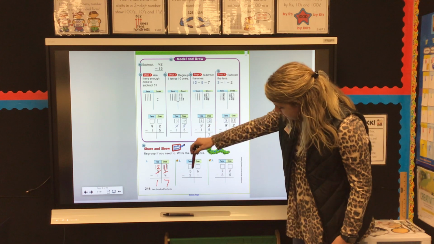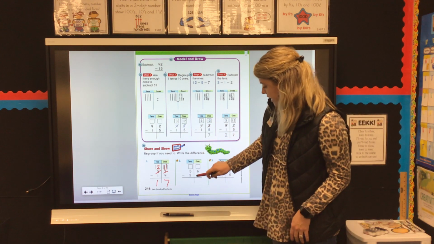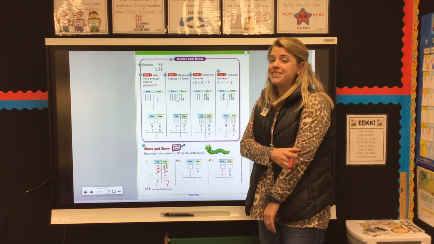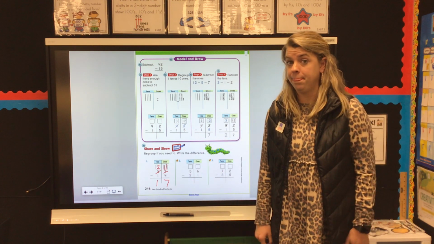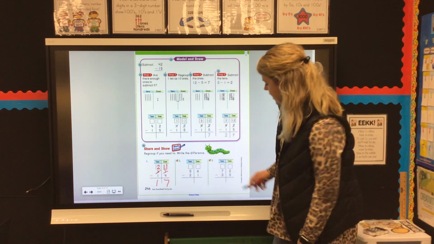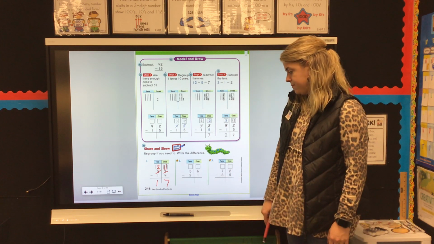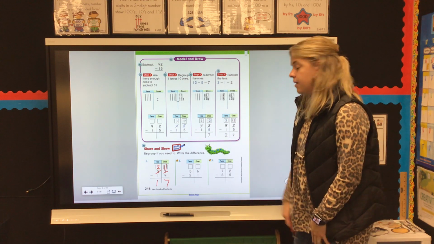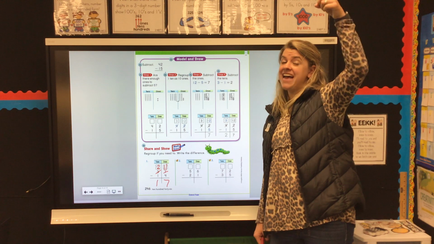Problem number 2. 56 minus 21. We always, always, always start in the ones. Very good. All right, we have 6 ones minus 1 1. Is there more ones on the top, or are there more ones on the bottom or the floor? More on the top.